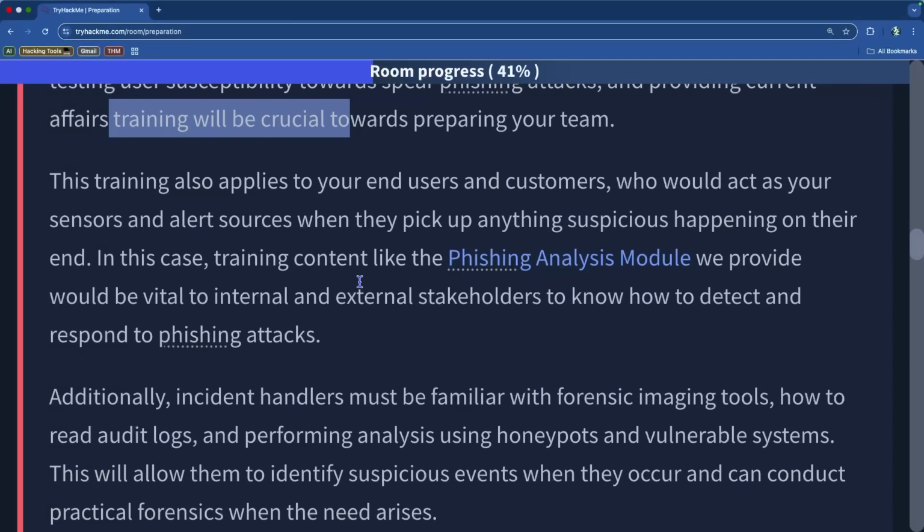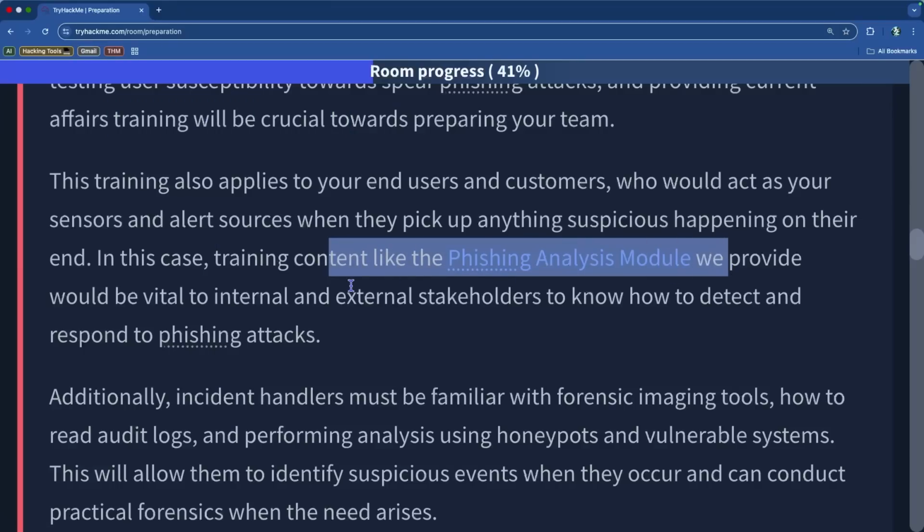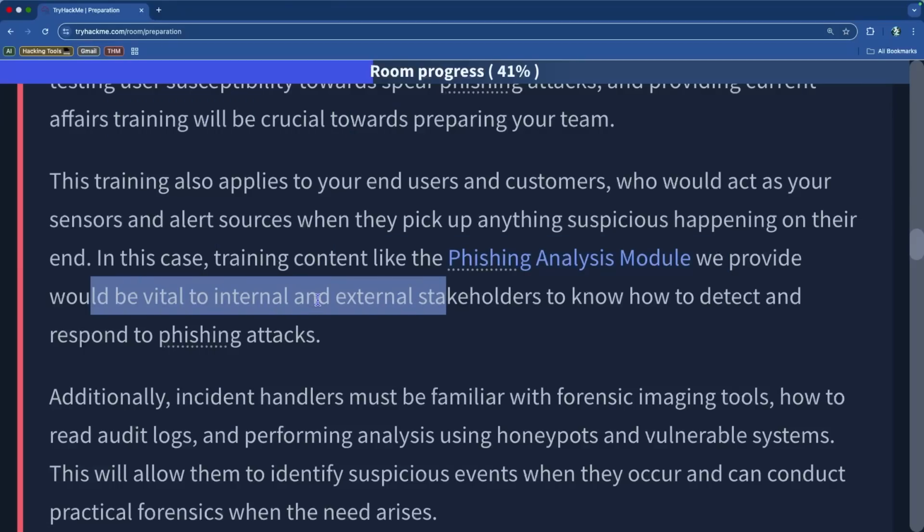This also applies to the end users and customers who would act as your sensors and alert sources when they pick up anything suspicious happening on their end. In this case, training content like the phishing analysis module that we provide would be vital to internal and external stakeholders to know how to detect and respond to phishing attacks.